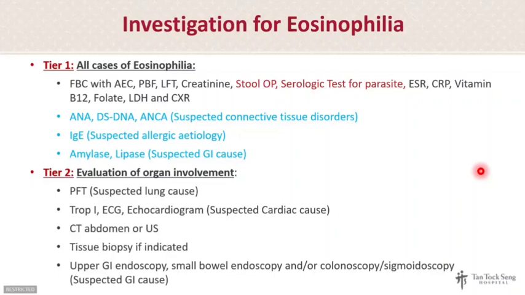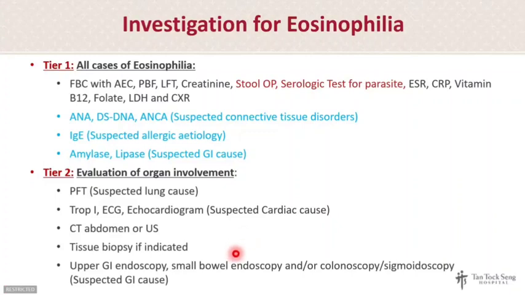Tier 2 investigations are evaluation of organ involvement. Like I mentioned before, lung function tests if a lung cause is suspected. If a cardiac cause is suspected, then I would send troponin, ECG, then an echocardiogram, and sometimes refer to our friendly cardiologist to rule out heart involvement. A CT abdomen or ultrasound if thinking of GI related causes.